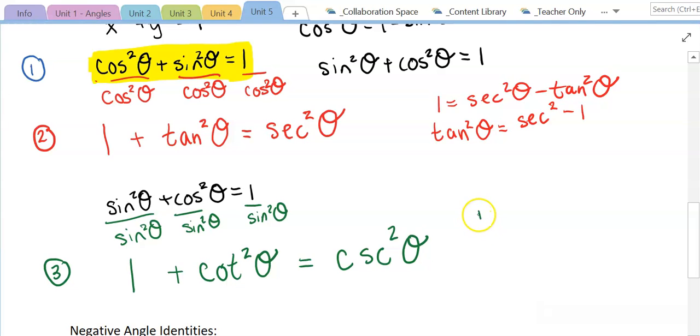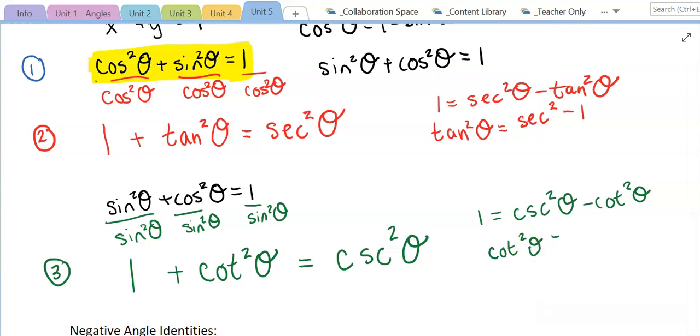And again, you sometimes see this written in different formats. You might see this as cosecant squared minus cotangent squared equals 1. You might also see this as cotangent squared equals cosecant squared minus 1 as well.